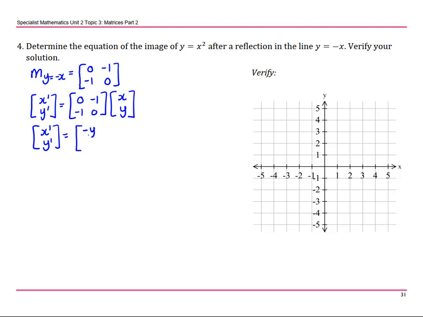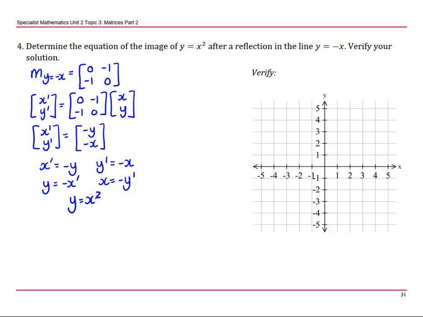We have negative y, negative x, which makes sense because they're swapping and changing signs. So our image of x equals negative y. Our image of y equals negative x. So that means y equals negative the image of x, and x equals negative the image of y.